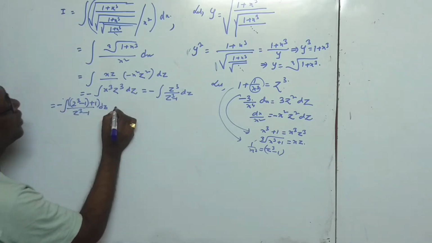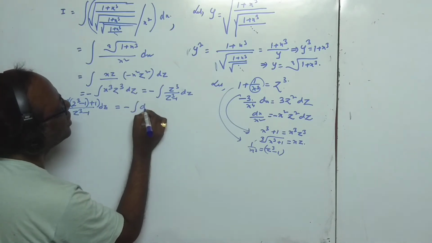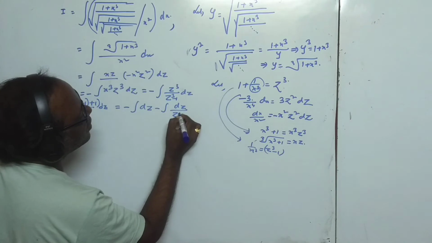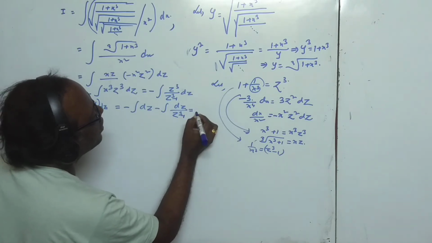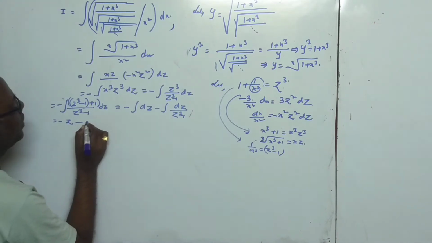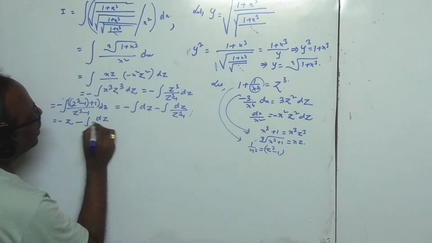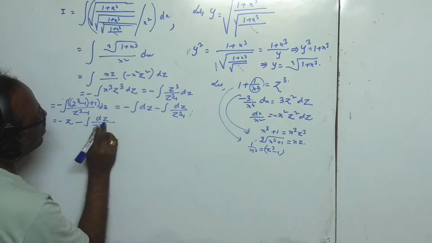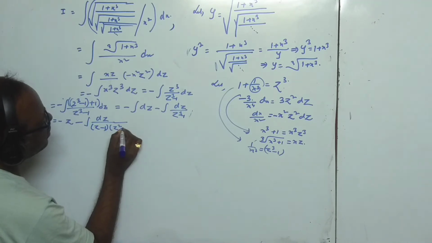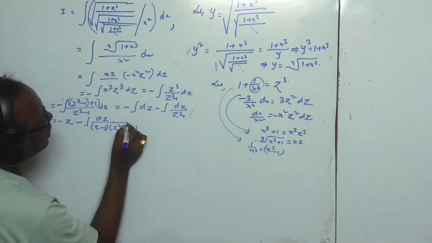Okay. So that is equal to minus dz minus dz by z cube minus 1. So minus z minus dz by z cube minus 1, factorize this: z minus 1 times z square plus z plus 1.